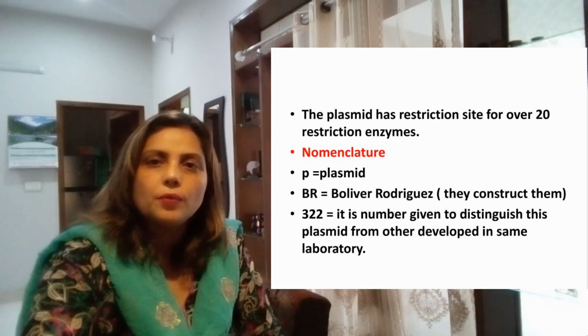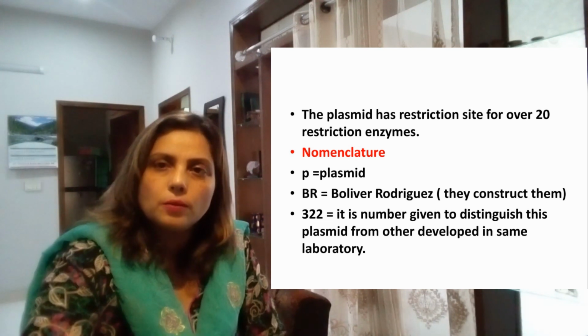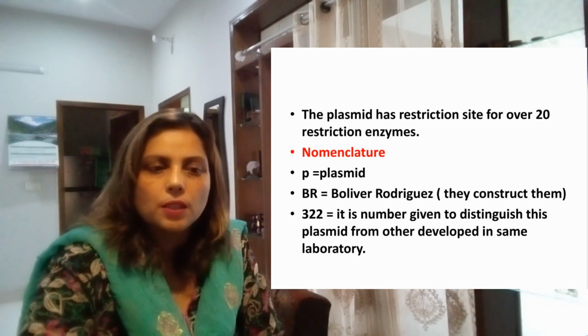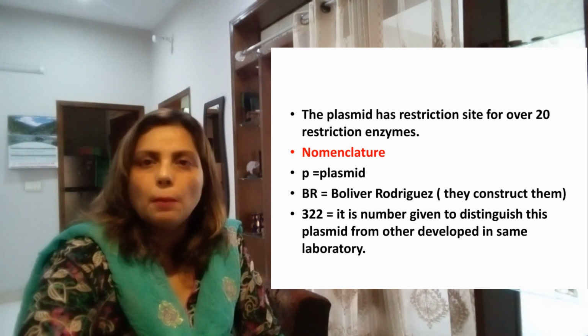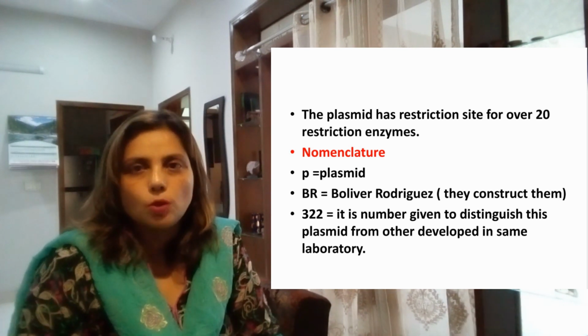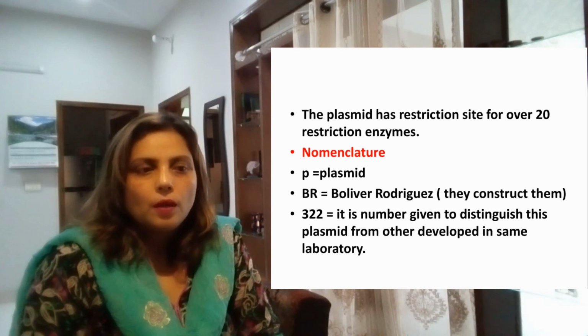If more than one or two plasmids are discovered in a laboratory, we can number them. This is the nomenclature of the plasmid.